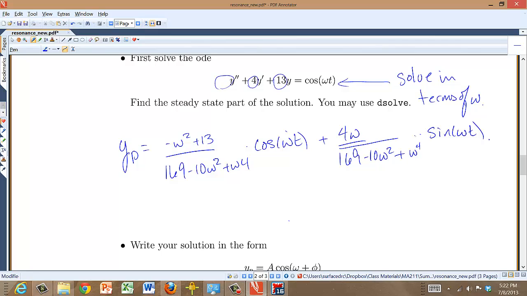So all I've done here is solve this differential equation in terms of the forcing frequency omega, and I've written out the steady state portion of the solution.